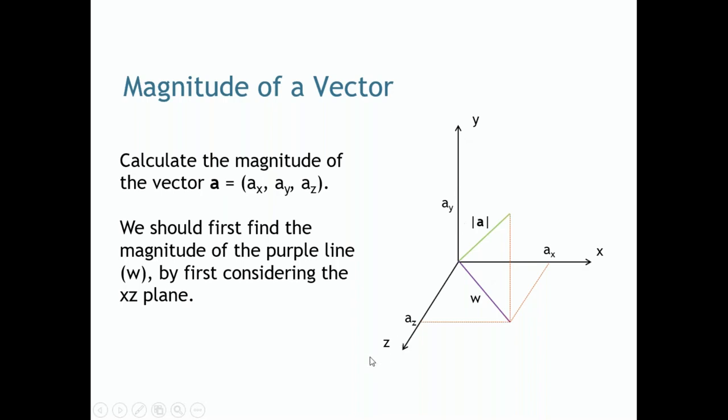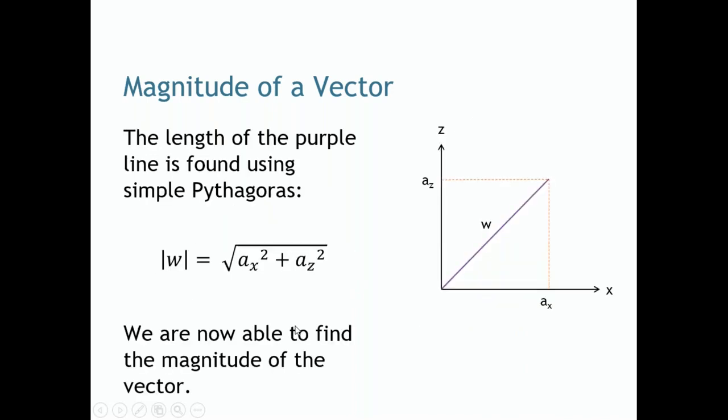So what we need to do first is find the magnitude of the purple line by considering the X and Z plane. Now, the length of the purple line is found using simple Pythagoras. We are all used to the Pythagoras formula from our secondary school. So let's see it here.